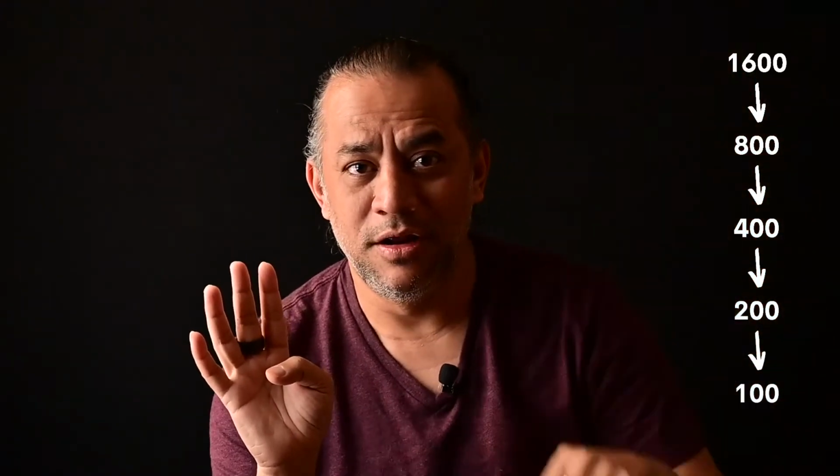So 1600 to 800, that's one stop. 800 to 400, that's two stops. 400 to 200, that's three stops. 200 to 100, that's four stops. So from 1600 to 100 you need 4 stops. So you can apply this to any entity.